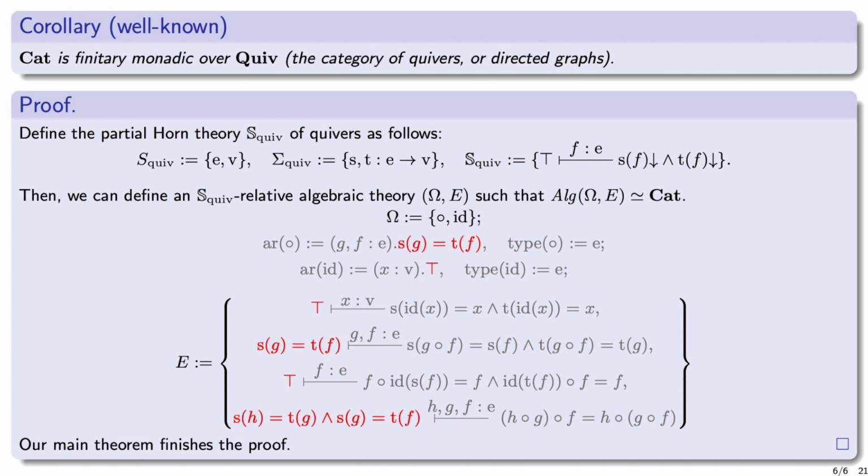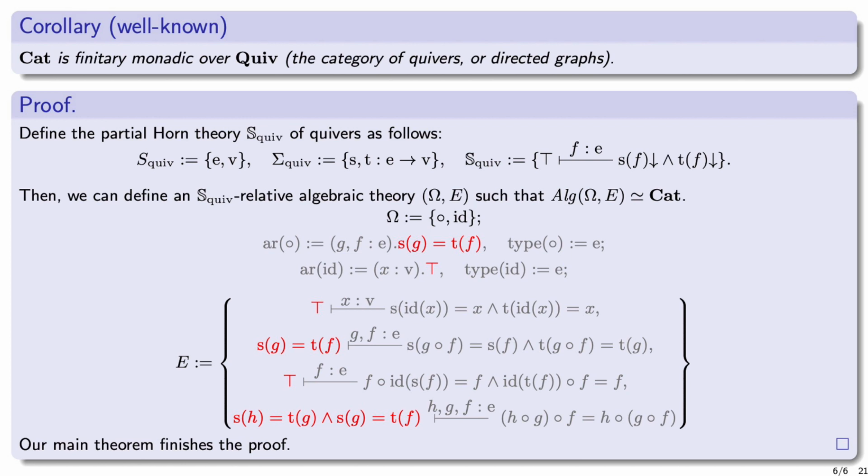Then we can define the S-squared relative algebraic theory of small categories. Its definition is here. Oh no, there are so many symbols. It looks very complicated, but no problem. Important points are only two. First, the domains of all operations are written in the quivers language.